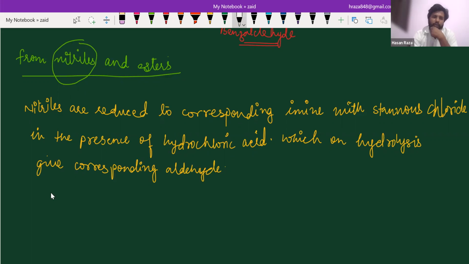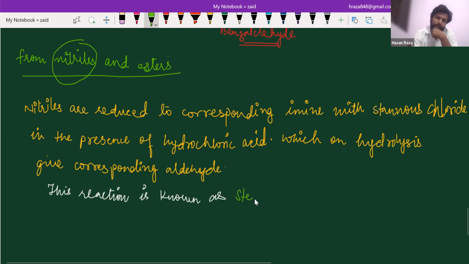And this reaction is known as the Stephen reaction. Sorry. Screen not visible. This reaction is known as the Stephen reaction.